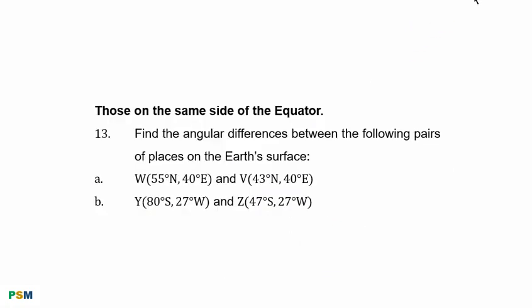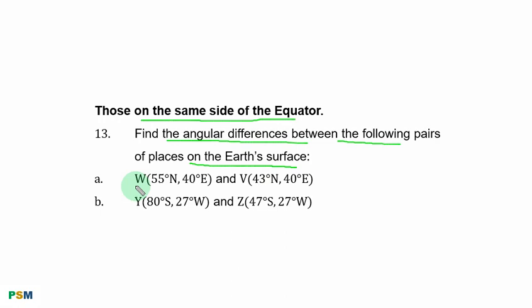Category 2 of part B, those on the same side of the equator. Example 13, find the angular differences between the following pairs of places on the Earth surface.